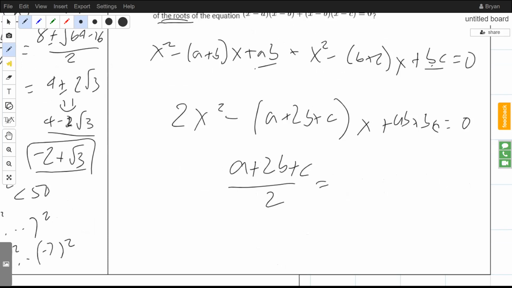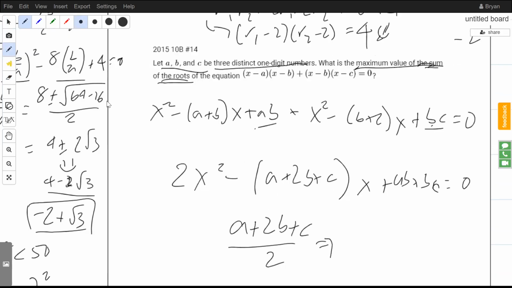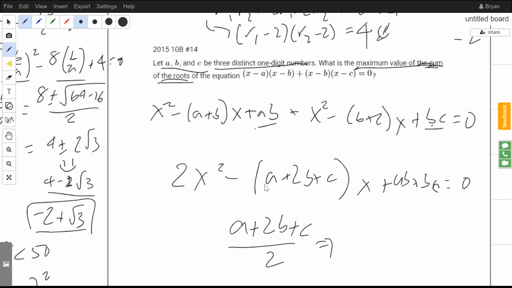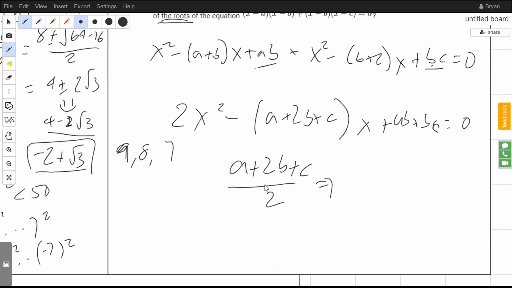We can rewrite this as b plus (a plus c) over 2. I think it's easy to see when we have it like this. So how will we maximize this sum? You know that this is all positive, right? We really just want to choose 9, 8, and 7 as a, b, and c in some order.